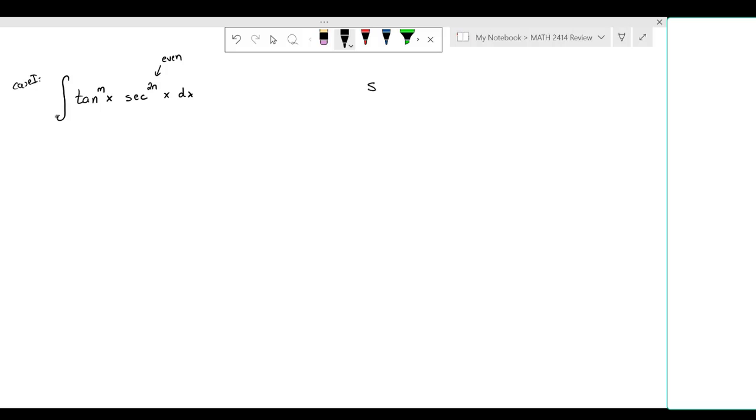Now, we want to take advantage of the fact that the derivative of tangent is secant squared. And also the Pythagorean trig identity, or the corollary to it, right after you divide both sides by cosine squared.